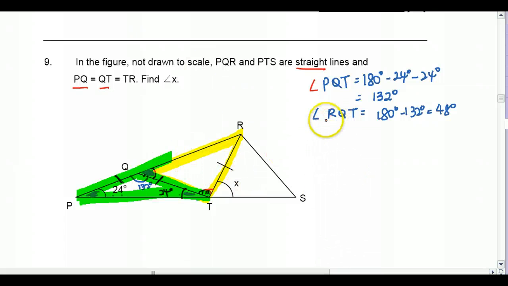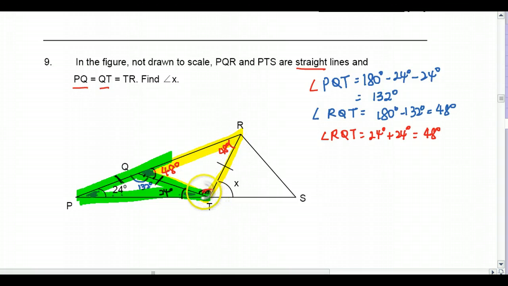So I can also say RQT is also 24 degrees plus 24 degrees, which is 48 degrees. You can also use that. Okay, so now I know this is 48 degrees. This is also 48 degrees.